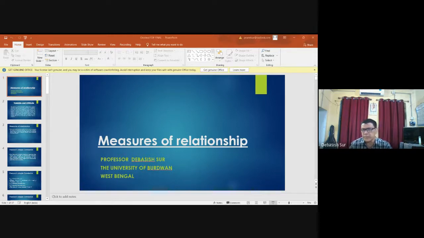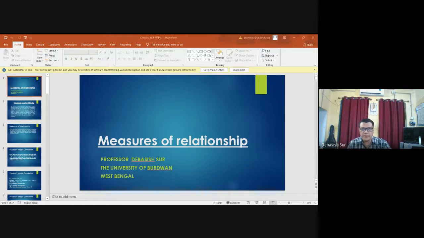Now we have assembled here to make some discussion on the issue measures of relationship. First of all, I must mention that this session is meant for beginners, not for the experts in research methodology.